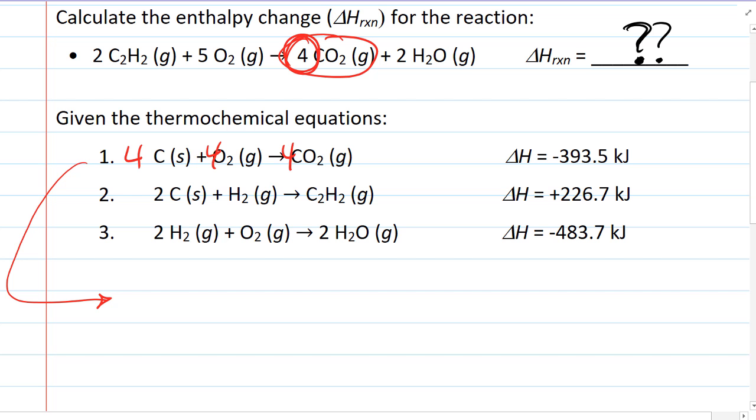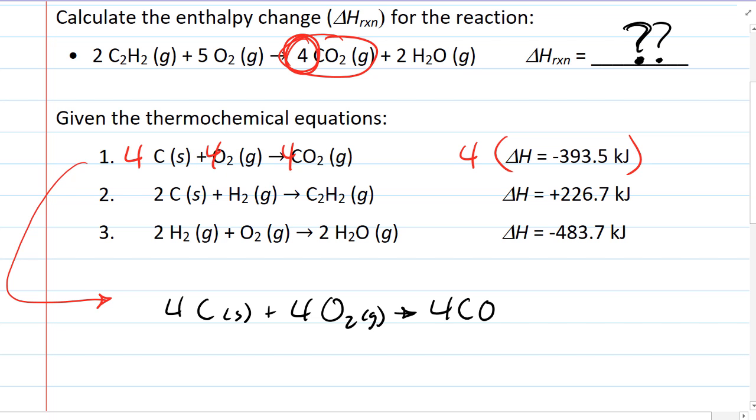That means we're going to take this value here and multiply it by a factor of 4. And so taking equation number 1, it would say that we have 4 carbon solid plus 4 O2 gas yields 4 CO2 gas. We take 4 times a negative 393.5.